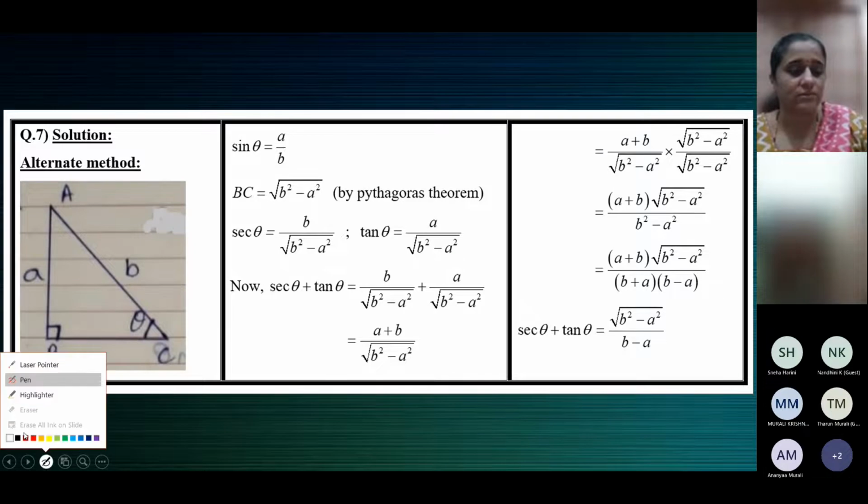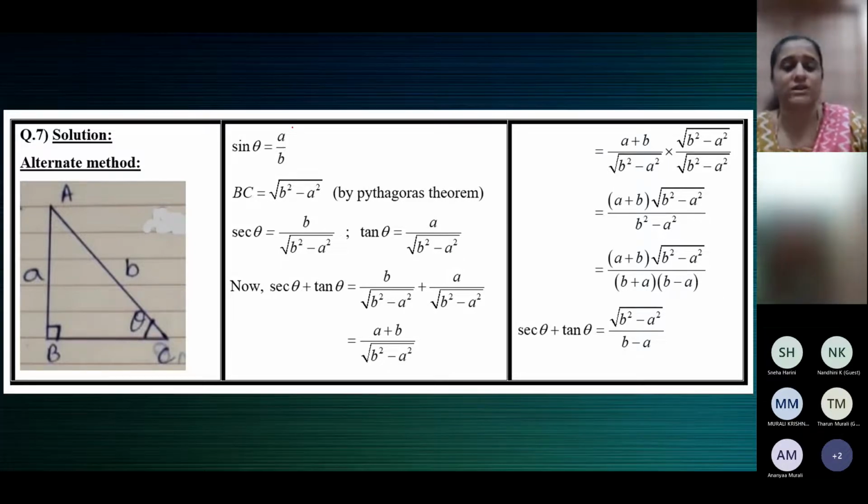So this is what we normally do. We use a right triangle because we are given the value of one trigonometric ratio, so we can find the others using a right triangle. I've marked this angle as theta.